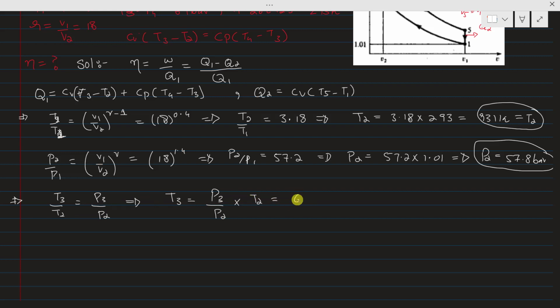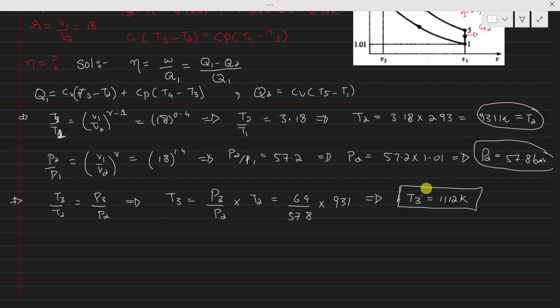That is the maximum pressure, 69. What is P2? That is determined here, that is 57.8, multiplied by T2, and T2 is 931. So you will find the T3 value, that is equal to 1112 Kelvin. This is the T3 value.